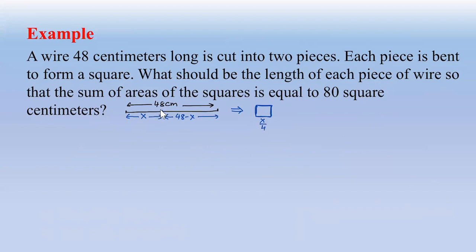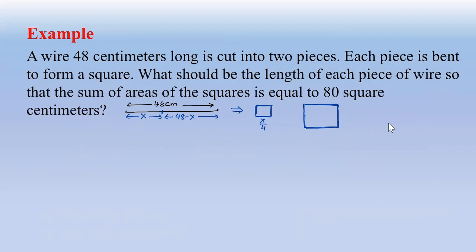Similarly, the second part, or the remaining wire, is also bent to form another square. Say, for example, this is the square. Suppose that is the second square. Now, the total length of the square is 48 minus X. It is divided on 4 sides.